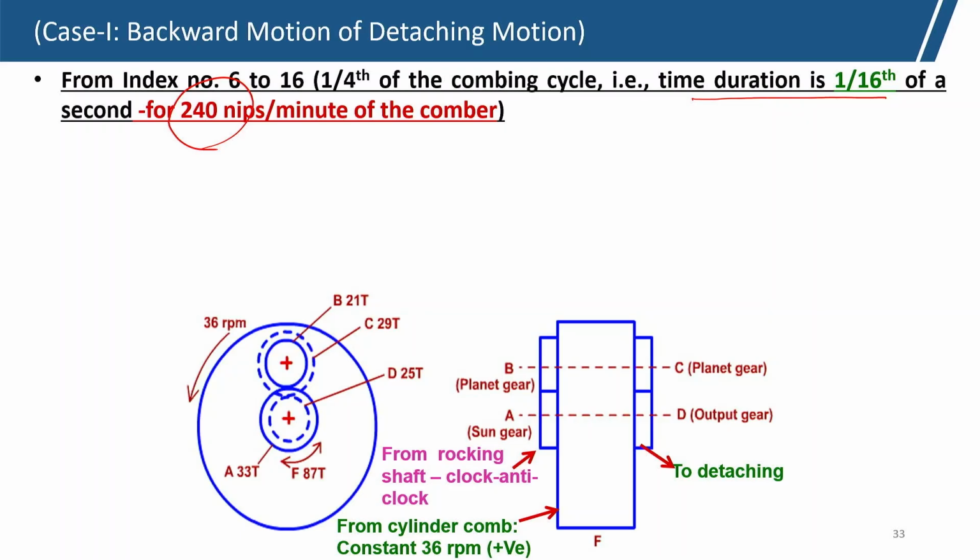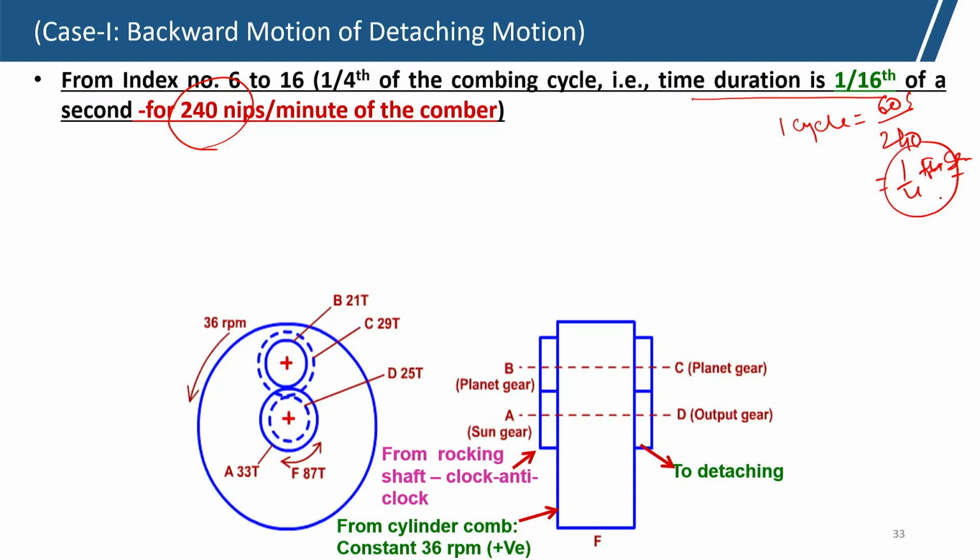So, in 1 minute, 240 nips, that is for 1 nip, 1 cycle, it will be 60 by 240, 1/4 second.